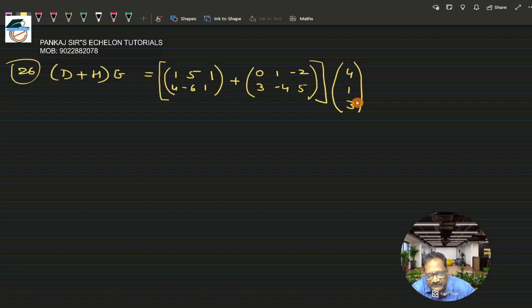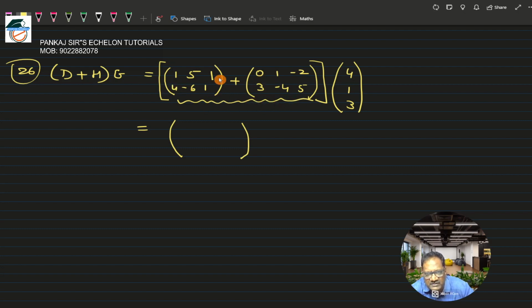To evaluate this, we'll first have to reduce the bigger bracket. This is pure addition, but I think addition is not possible because this is a 2 by 3 matrix. No, both are 2 by 3 matrices, so the addition is possible.